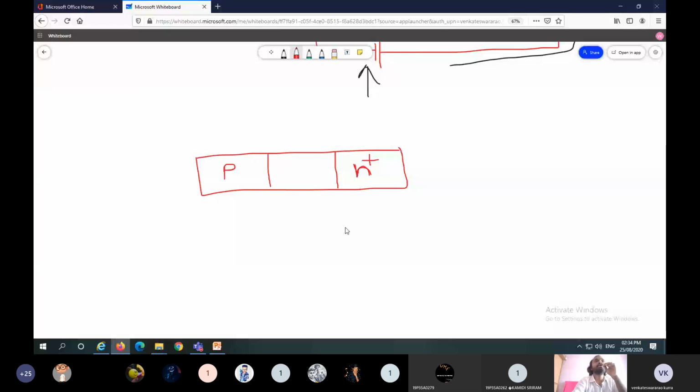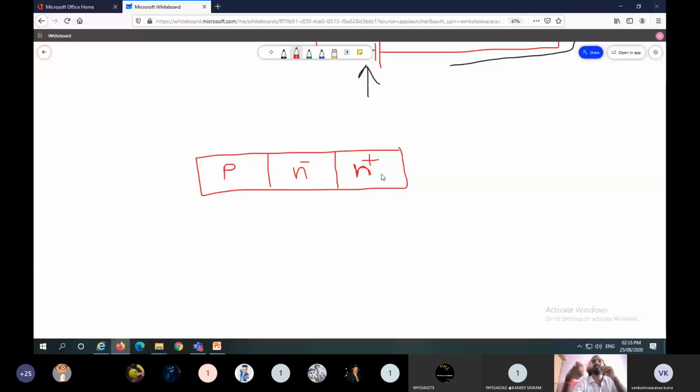In a power diode, there is an extra layer in between the P layer and N plus layer. It means the N layer is divided into two parts. One part is lightly doped and the other part is heavily doped to achieve two conditions: high current carrying capacity and high voltage blocking capacity.